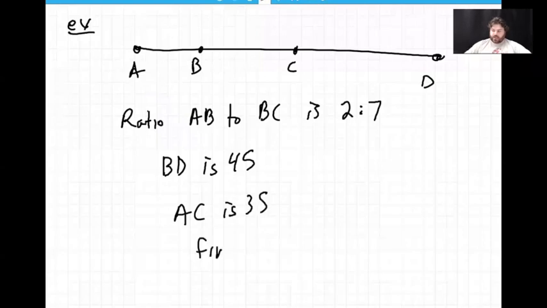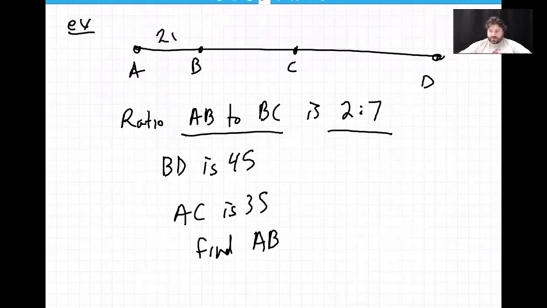We want to find the length of AB. Okay, so we know this ratio is 2 to 7 from AB to BC. So I'm going to call this 2x, and I'm going to call this 7x. We don't know what those x's are, but whatever it is, it's in the ratio of 2 to 7. It says BD is 45, so this length here is 45, all the way across.